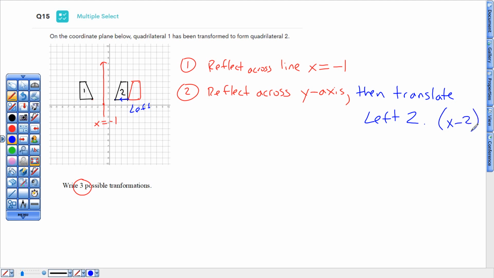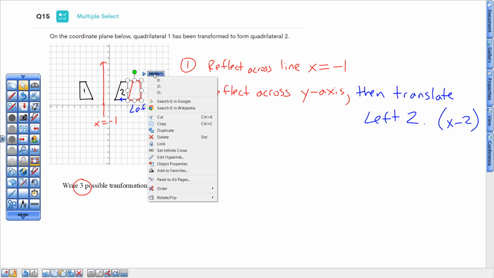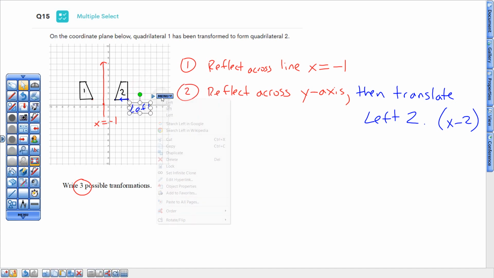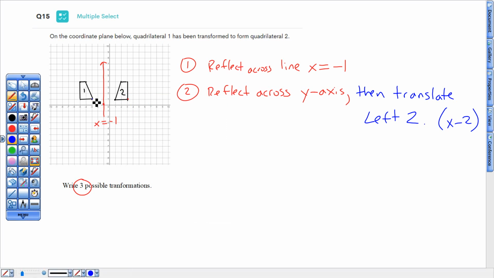All right, another one would be to not reflect it across the y-axis first. Let's clean this up a little bit. The other one would be to move this 2 boxes to the left first.